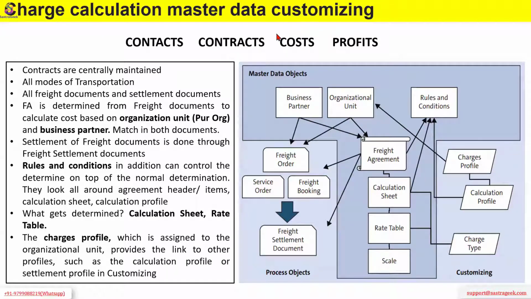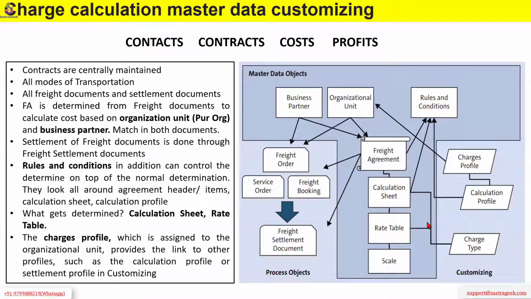Then we deal with costs, more associated with the carrier perspective, and profits, more associated with the customer perspective, wherein we have COPA enabled and profitability and so on. So at a very high level, this is what we deal with: the contacts, the contracts, the cost elements, and then the profit.